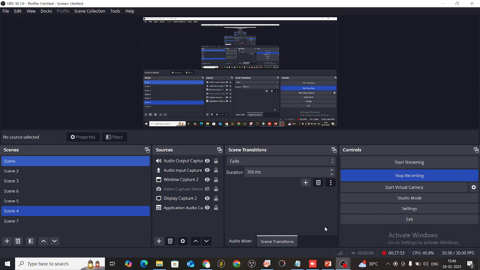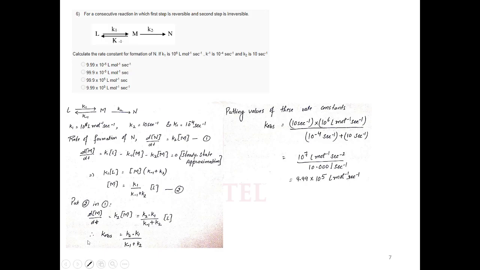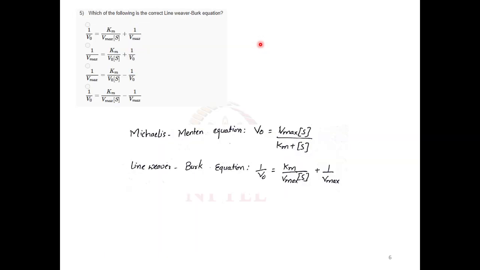Now in all of these questions, the value is coming around 9.9 into 10 to the power 5, and this is for the linear Lineweaver-Burk equation. Here you can get the value of V0, that means the rate of the enzyme reactions, and you can just take the reciprocal of the system and get equal values.